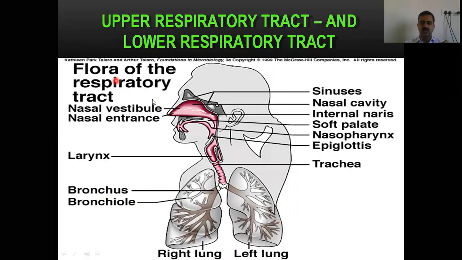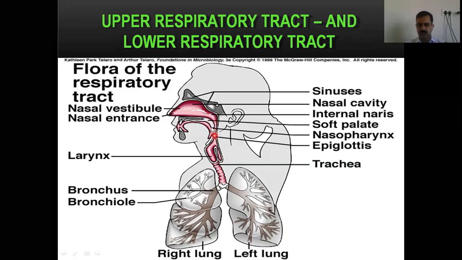Now, the normal flora of the respiratory tract. See here, from the respiratory tract, you can see the organisms. Here is the nasal entrance. This is the sinus, the upper portion. This is the nasal cavity, wherein the bacteria can survive. Internal nares, soft palate, nasopharynx. You can see this nasopharynx, wherein the mouth and the nose are joined.